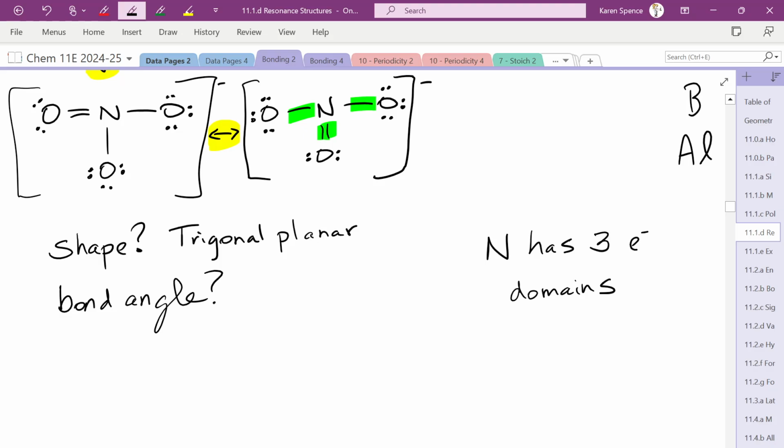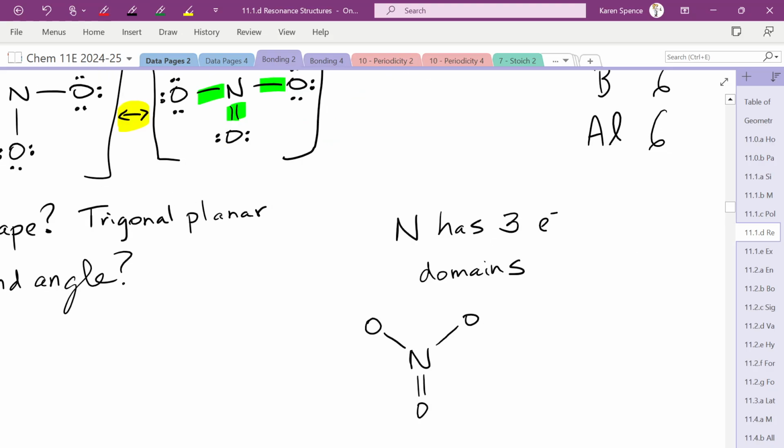Now, if I actually had a structure that was like this, double bonds are more repulsive than single bonds because there's more electrons in them.